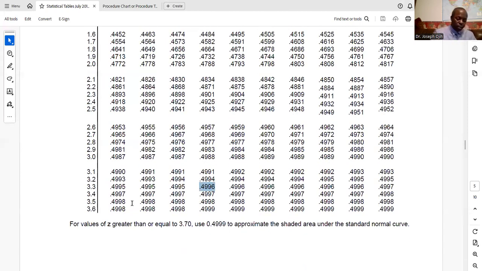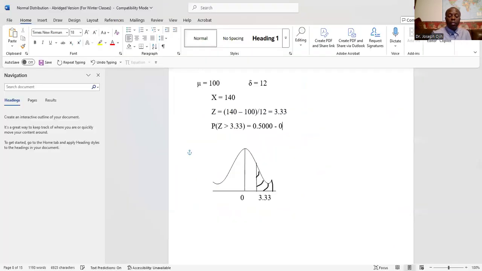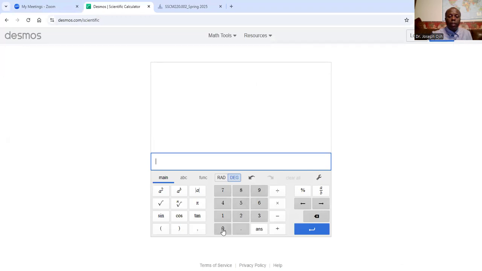So that gives us 0.4996. So 0.5 minus 0.4996.